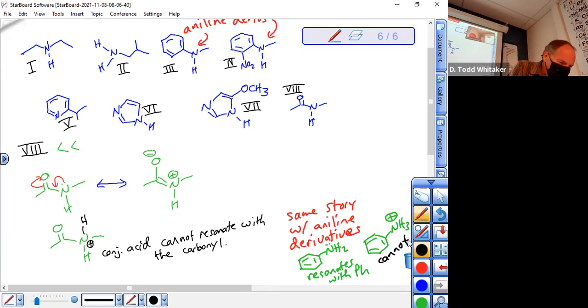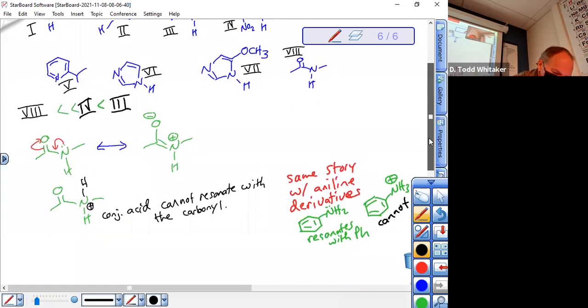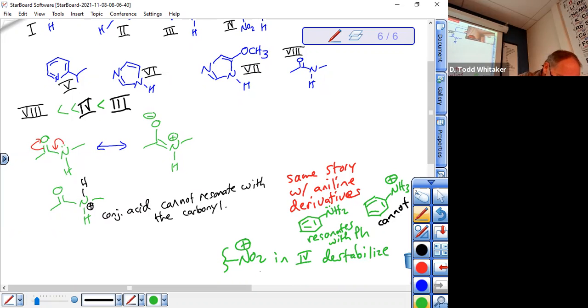So we like 3 and 4 to be the next poorest bases. But I like 3 a little better than 4. We need to explain that. 3 is a little better than 4. The NO2 group in 4 destabilizes the NH3 plus.